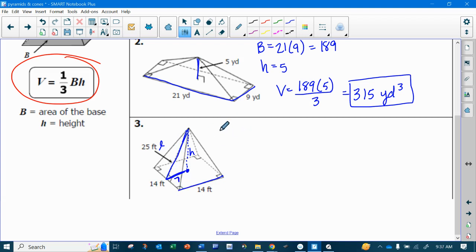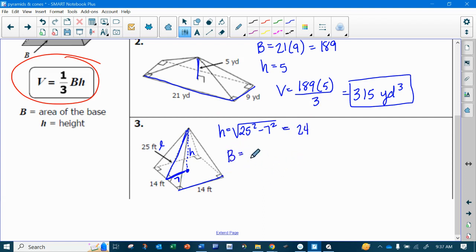They give you the slant height, so that means you're going to subtract. So 25 squared minus 7 squared, then take the square root of your answer, and you get 24. So your height is 24.